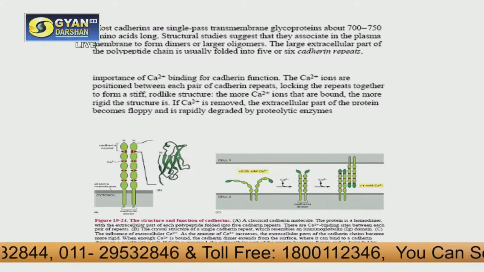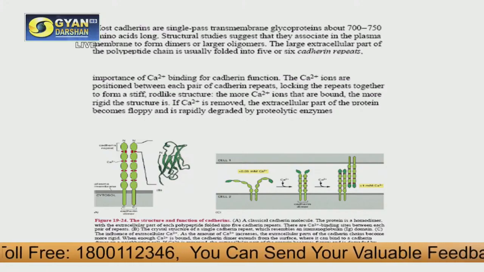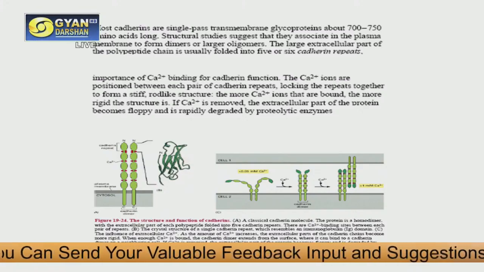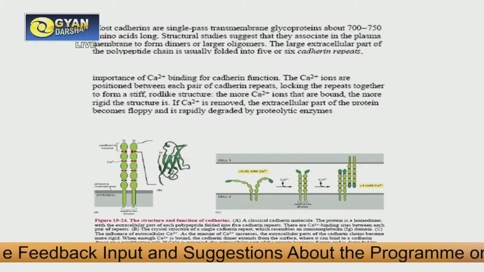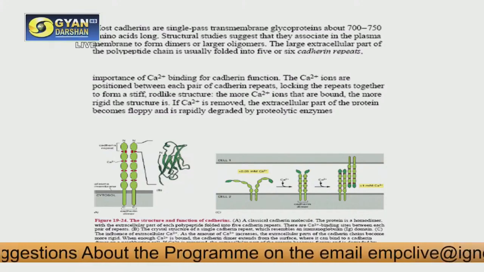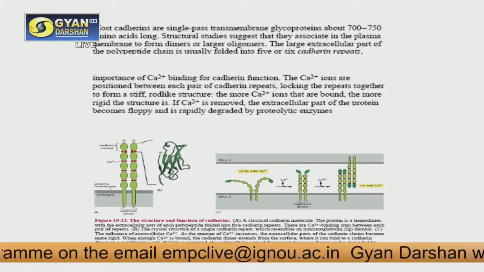Two components side by side. So it is a dimer, and the head portion is composed of 5 repeats, and the tail portion is within the cytoplasm. Now in the head portion, you can see some red colored spots.